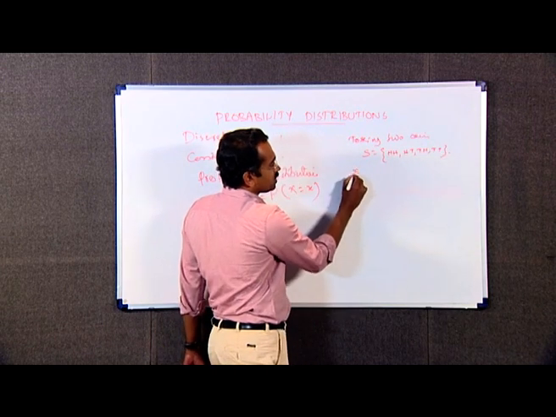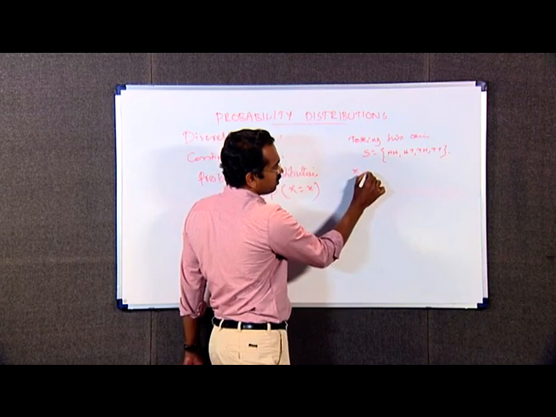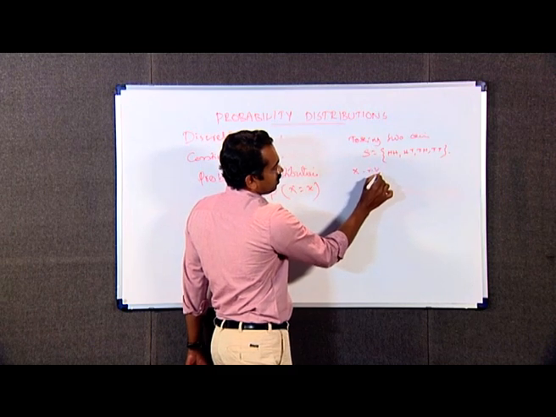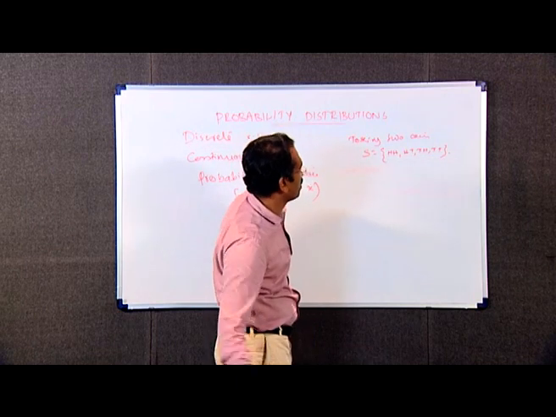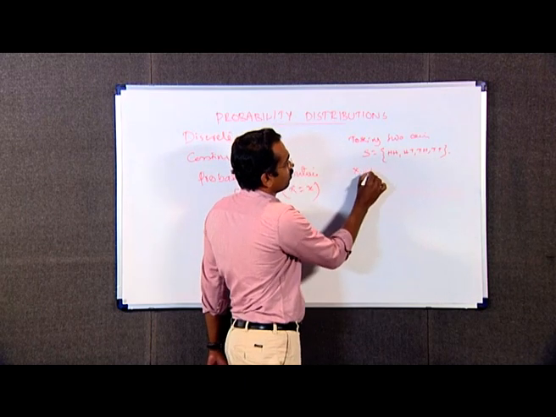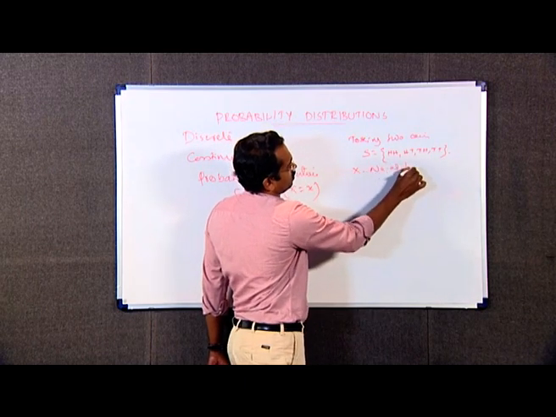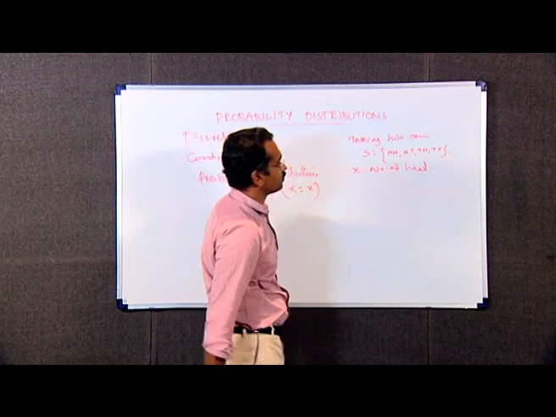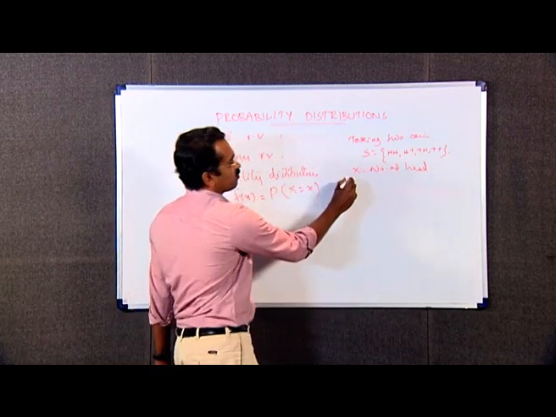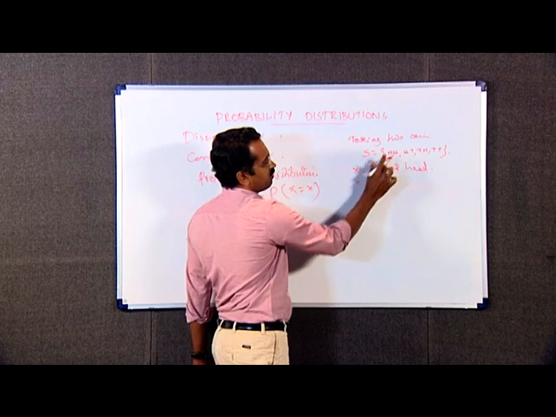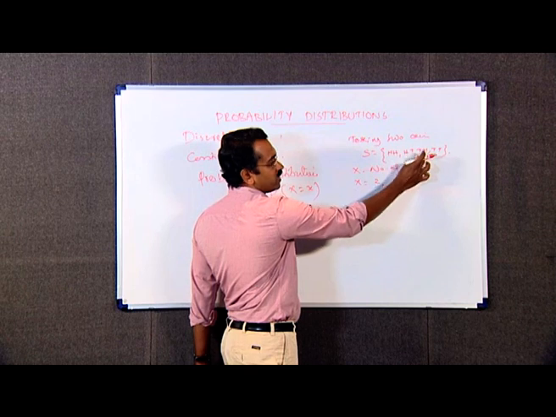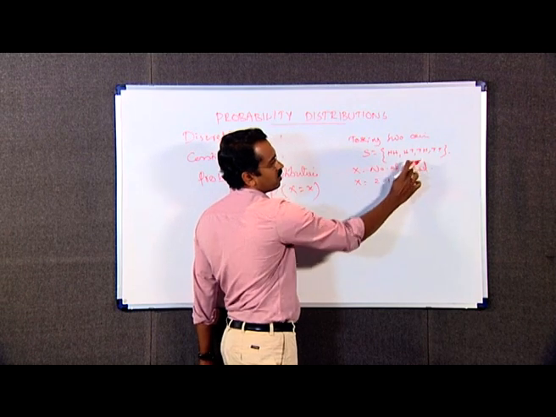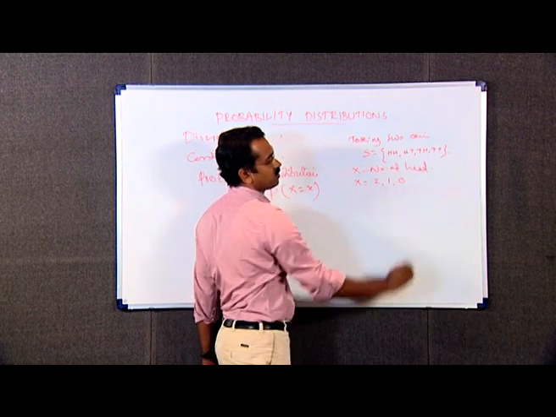Let x be a random variable defined as the number of heads. Then for HH, x is 2. For HT or TH, the value of x is 1, and for TT, the value of x is 0.